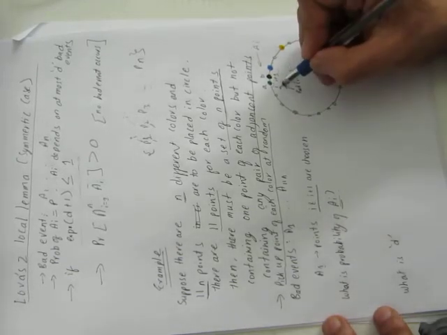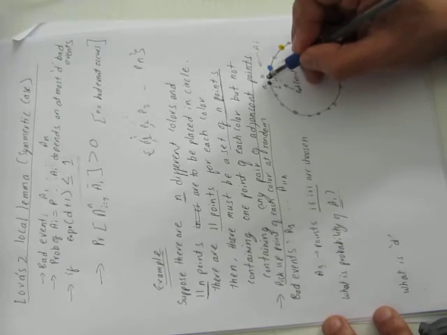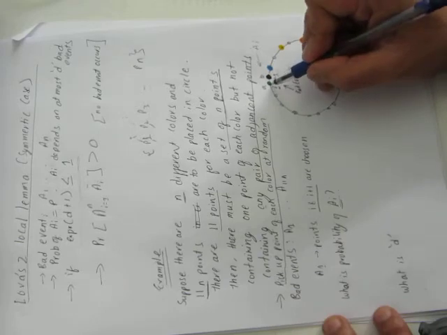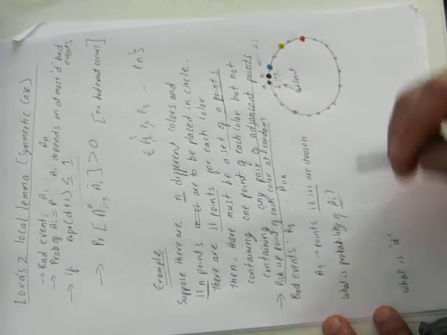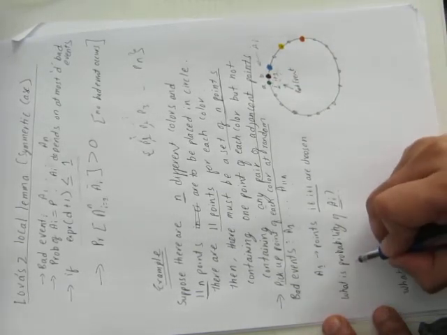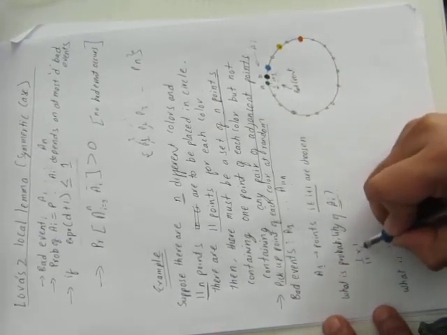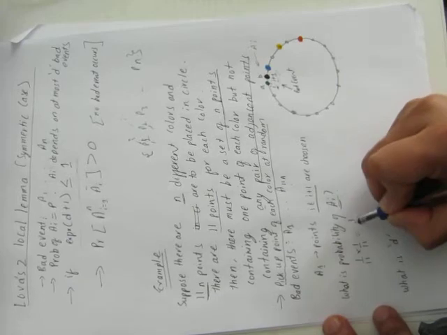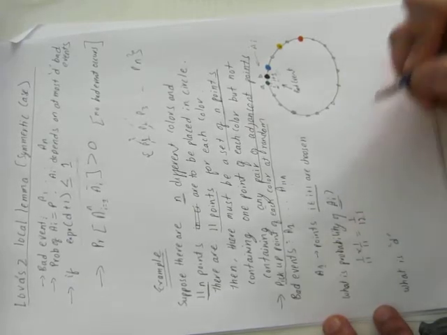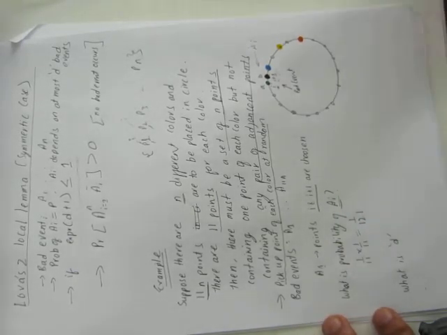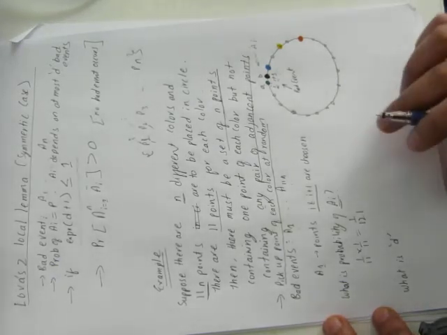So the probability of this bad event is the probability of choosing this point and this point. The probability of choosing one point is 1 by 11, and the probability of choosing another point is also 1 by 11. So it results in 1 by 121. So the probability of the bad event is 1 by 121.